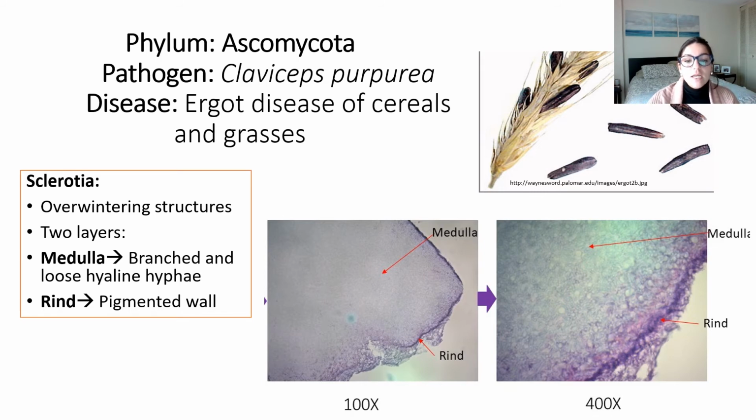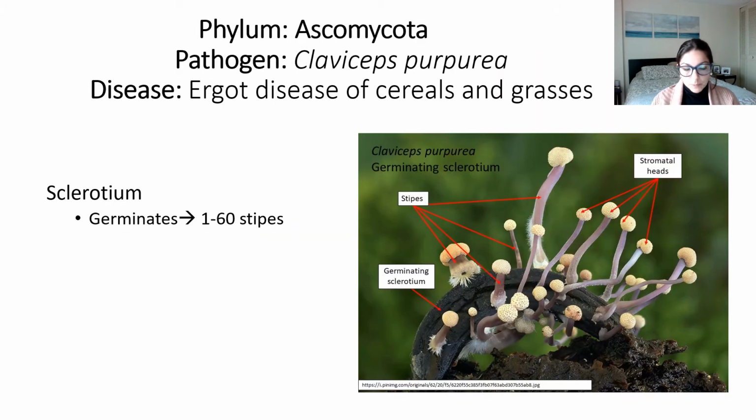The first one is the medulla, which is composed of branched and loose hyaline hyphae, and the rind, which is the outermost part of the sclerotia, and it is a pigmented wall which provides resistance to the sclerotia towards degradation.